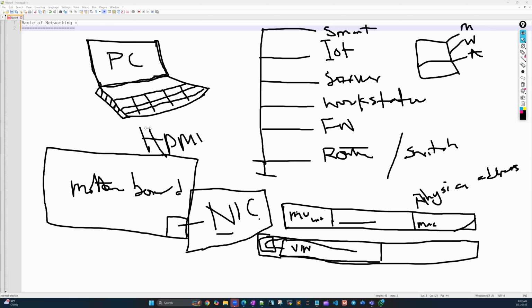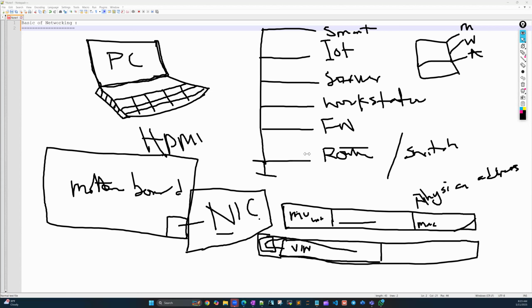So if somebody asks now, what is a network, or what is the purpose of a network? The networking basically is to move data from one point to another point.